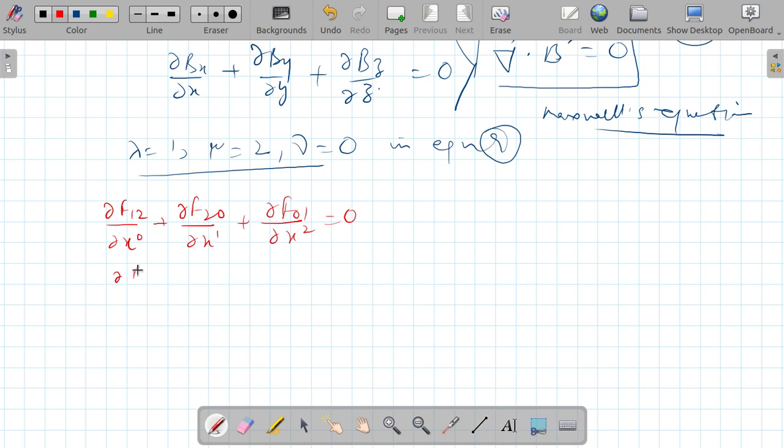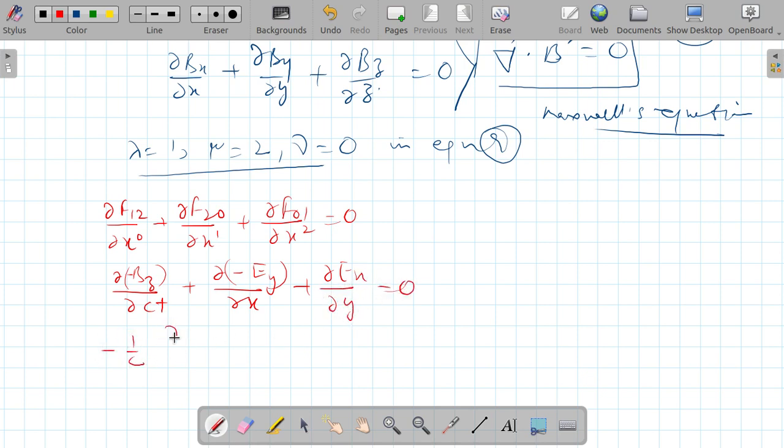So it is ∂Bz/∂(ct) plus −∂Ey/∂x, which is simply x, plus ∂Ex/∂y equals 0.